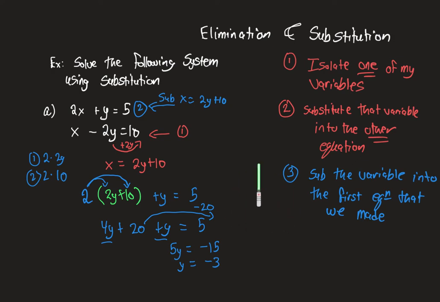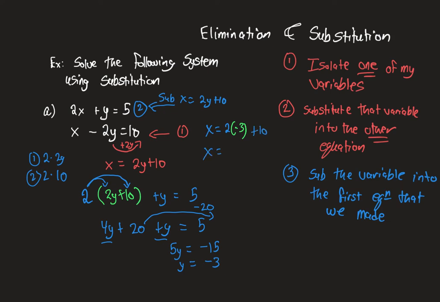Using a lightsaber here in honor of the episode of Boba Fett from yesterday. Yep. So that negative 3 is going to go in here. So you're going to go x is equal to 2, and instead of the y, you are going to be putting negative 3, plus 10.